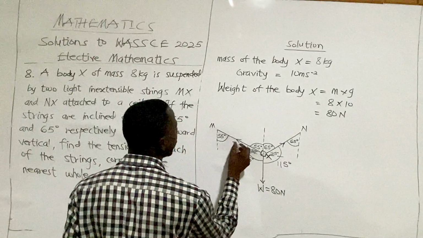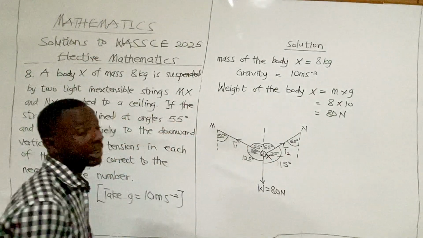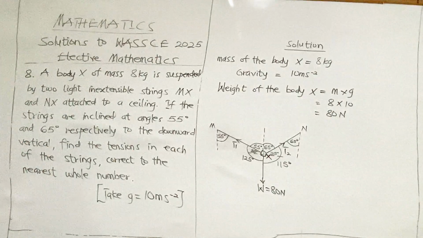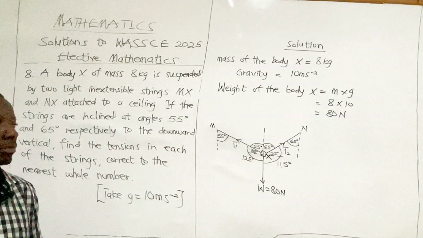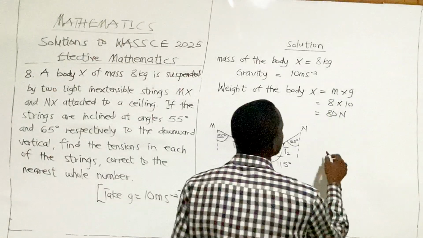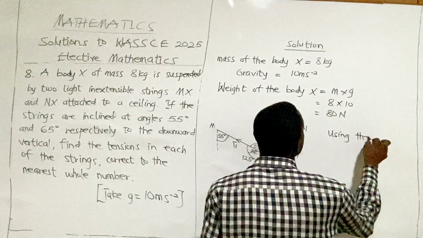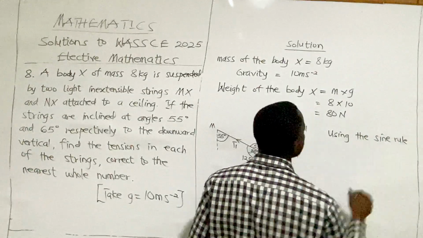I'll name here T1, tension 1, and T2 to be tension 2. From here, we are going to use Lami's theorem, using the sine rule.